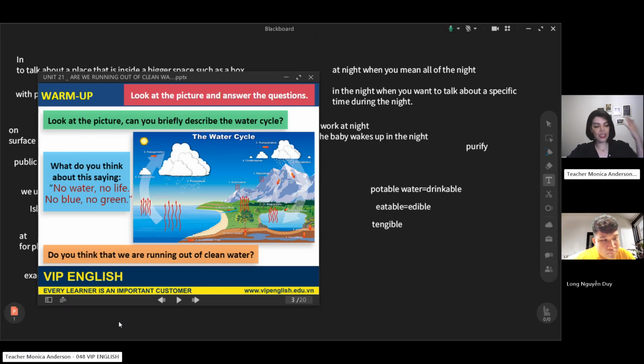Illegal dumping is putting our waste into the sea. Of course, this is the way that we are polluting water. We are killing sea creatures.